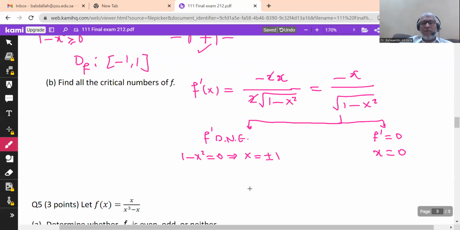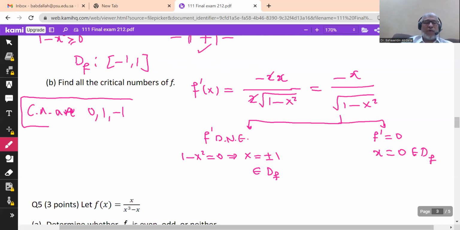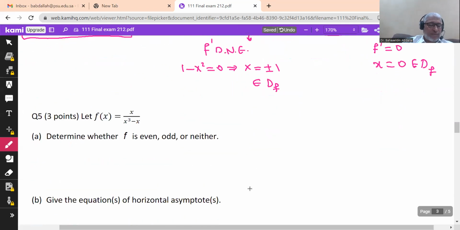And all of these numbers belong to the domain. So plus or minus 1 belongs to the domain of f, and 0 belongs to the domain of f. So the critical numbers are 0, 1, and negative 1. This would be the answer of this part.